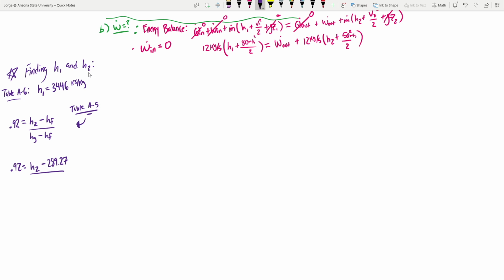Hg, we get 2624.6. Okay, so if we evaluate that out and do the algebra, we get H2 is about 2437.77. And of course, this is kilojoules per kilogram.